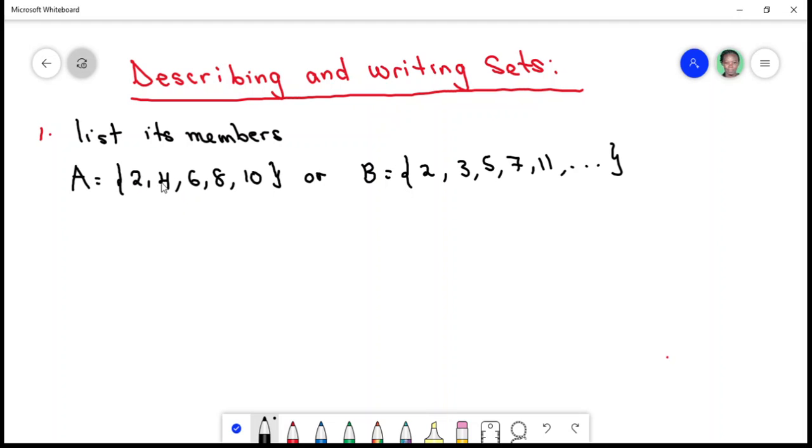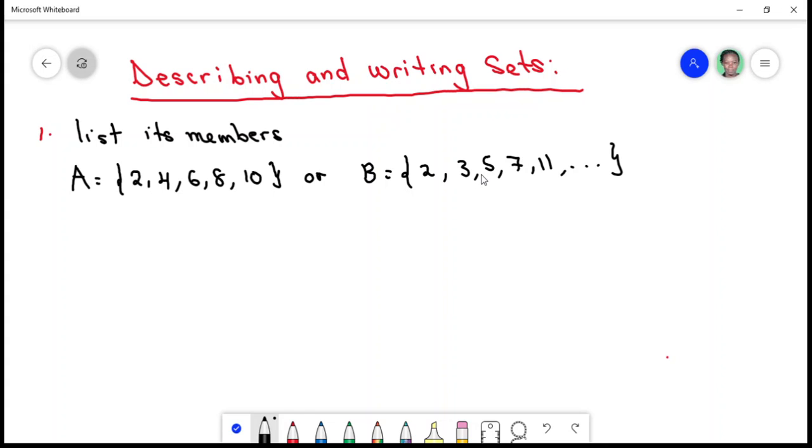If you look at 2, 4, 6, 8, 10, you realize that I'm trying to talk about what? Even numbers. But I didn't write even numbers. I wrote the members of my even numbers. This also continues as well. If you look at the pattern, you realize that they are prime numbers.